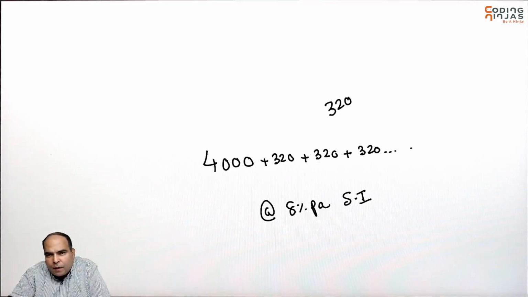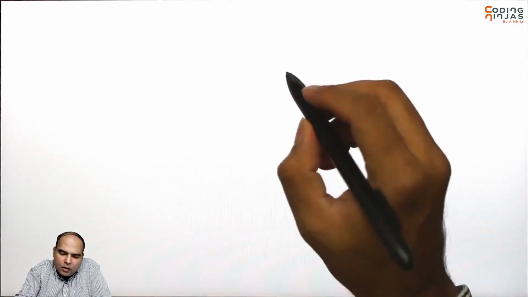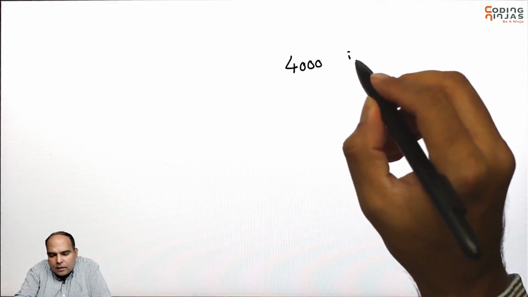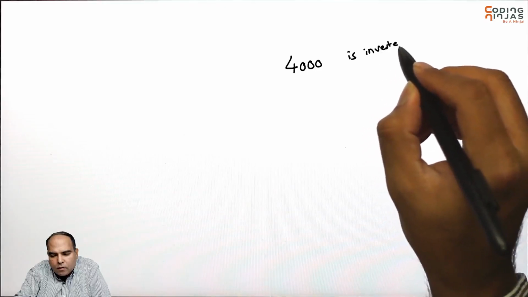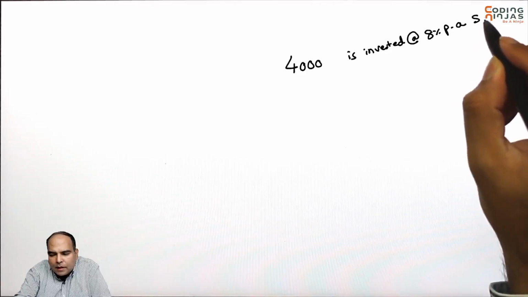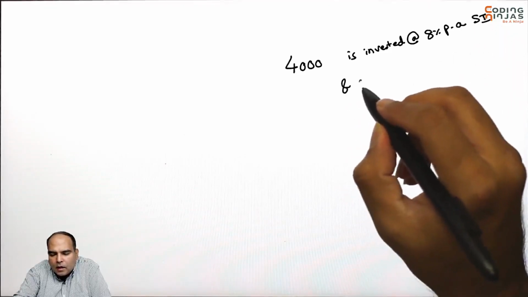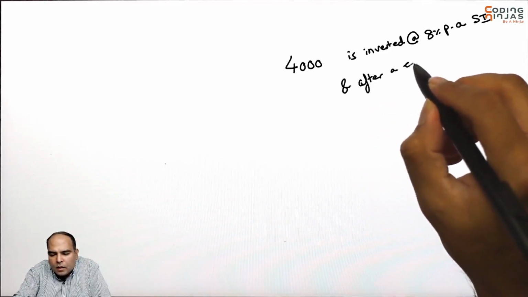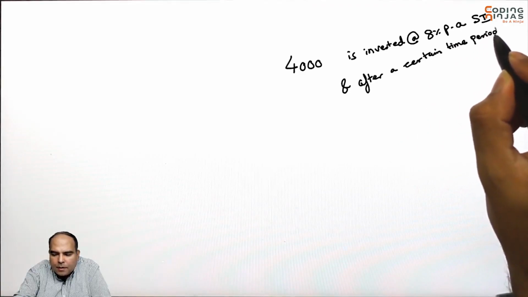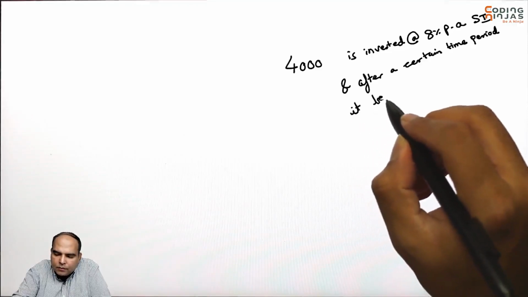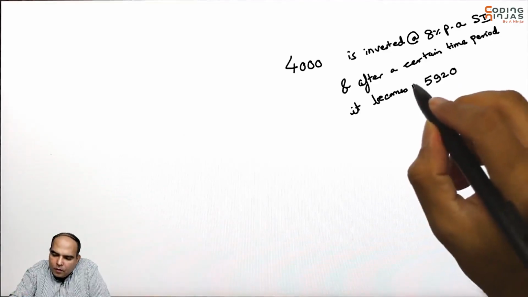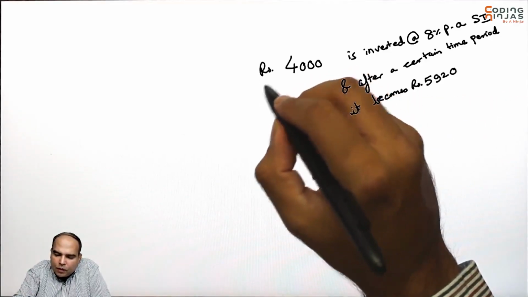So, for example, if I give you a question that an amount of 4,000 is invested at 8% per annum, simple interest, and after a certain time period, it becomes 5,920 rupees. 4,000 ends up becoming rupees 5,920.